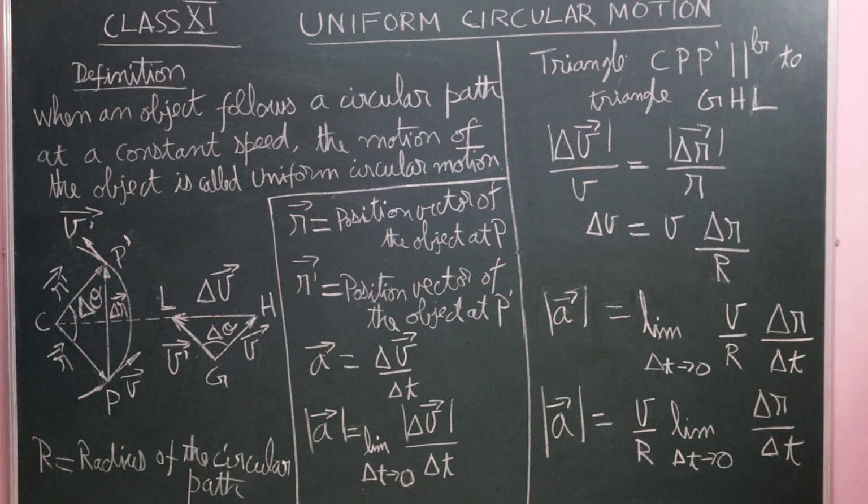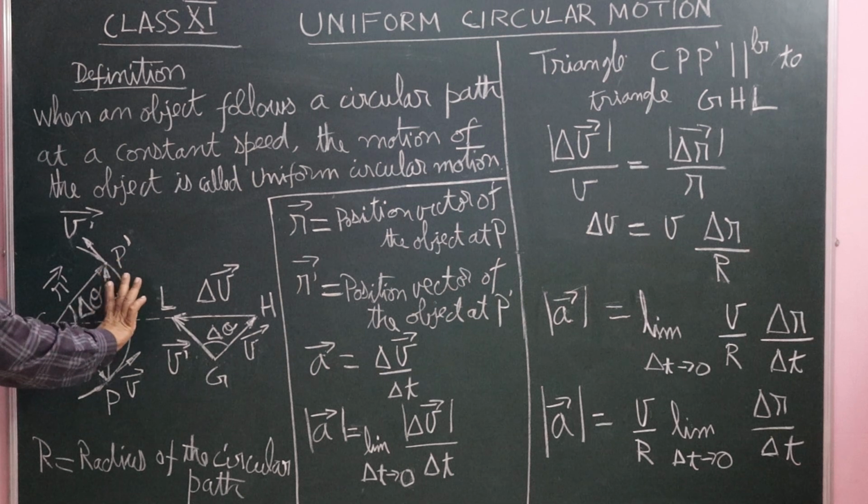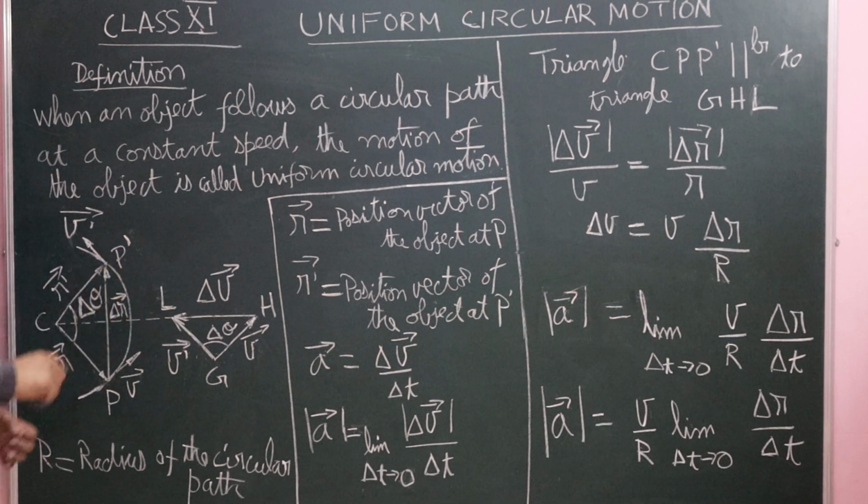According to the triangle law of vector addition, R dash vector is R vector plus del R vector. Del R vector is the displacement of the object.